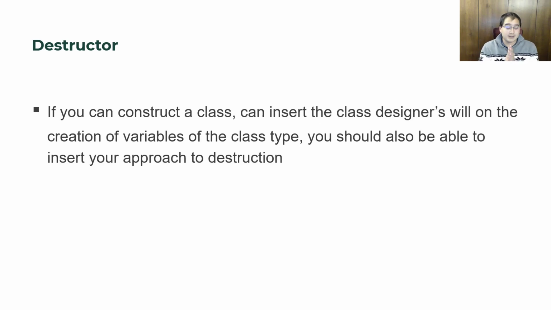The way C++ lets you control how your object is destroyed is called defining a destructor. This is a function that's called when your object will be destroyed. Now, when is your object destroyed? Well, it's kind of like the opposite of constructing your object.